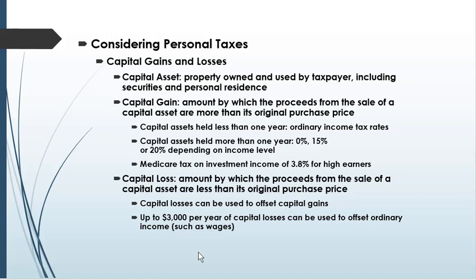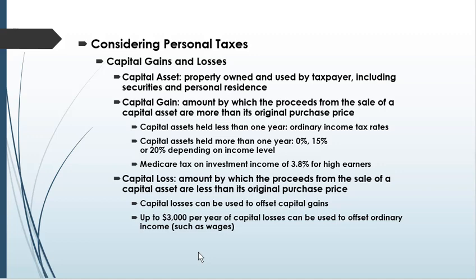So capital gains obviously is the amount by which the sale exceeds the original purchase price. We'll frequently refer to this as the basis of the asset. So if you hold the asset for less than 1 year, the taxation is at your ordinary income tax rate.